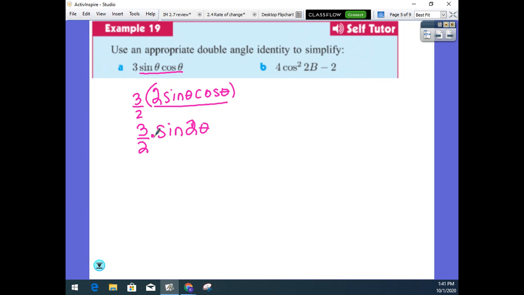If I multiply this times this, it actually will simplify back. And last but not least, notice there's a GCF of 2.